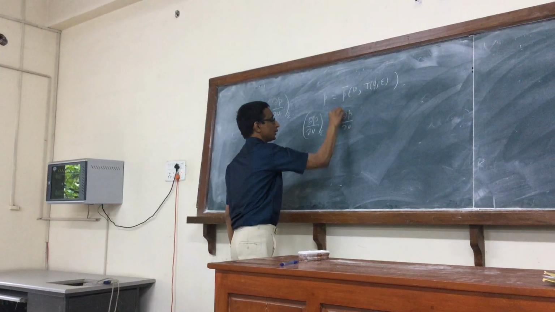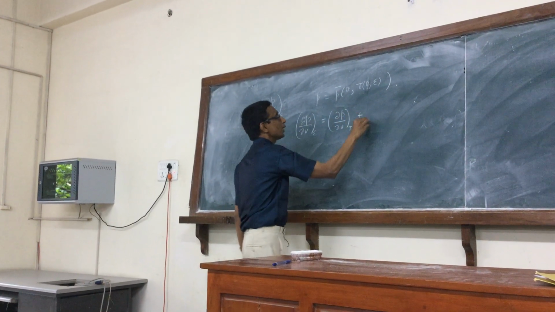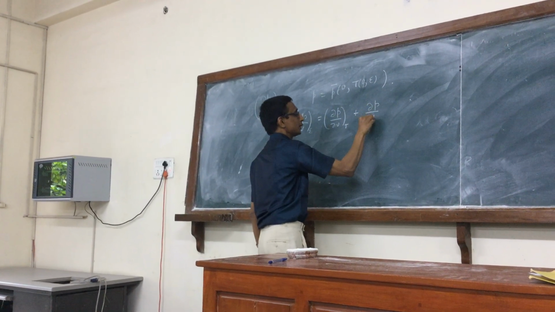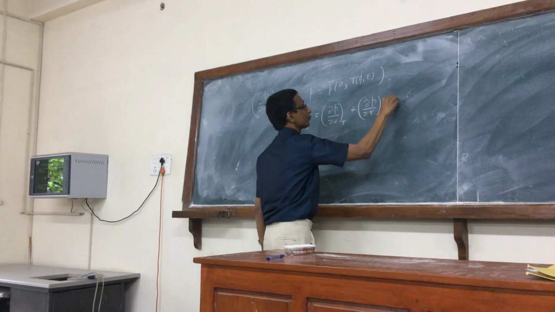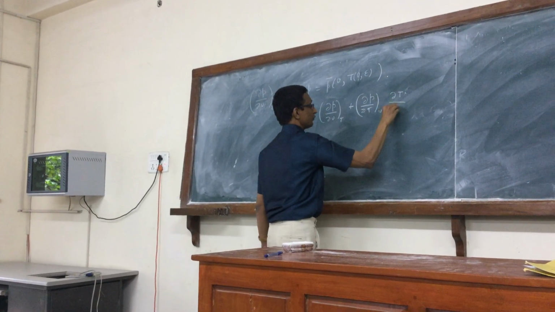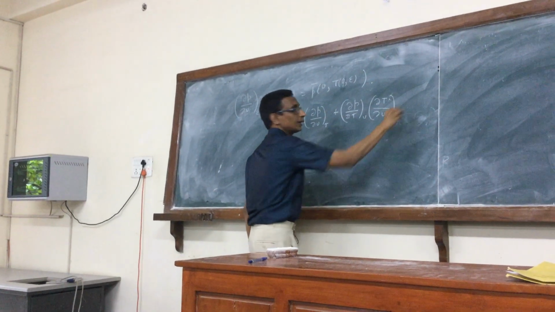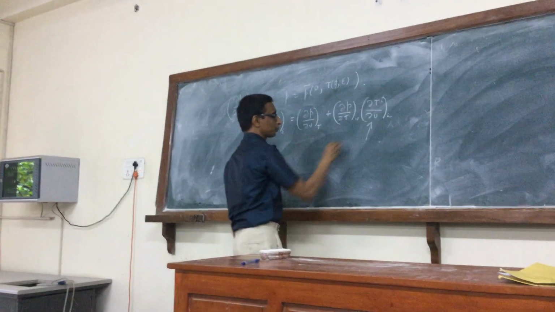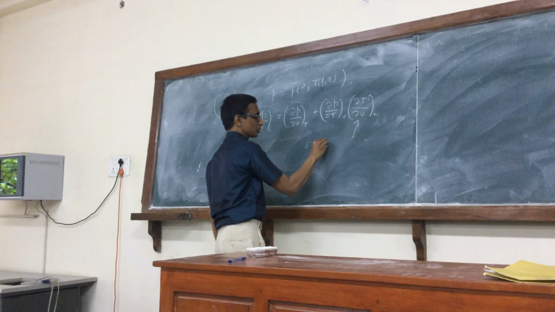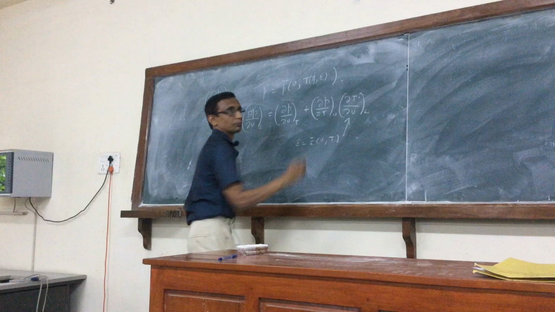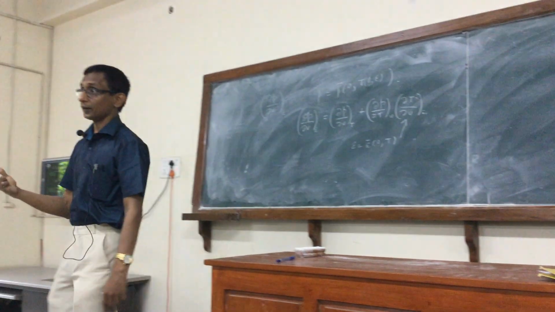It would be dP by dV at constant T plus dP by dT at constant V times dT by dV at constant E. And this I know can be obtained from E as a function of V and T that we have already got.